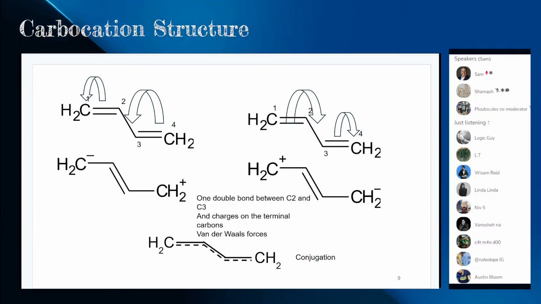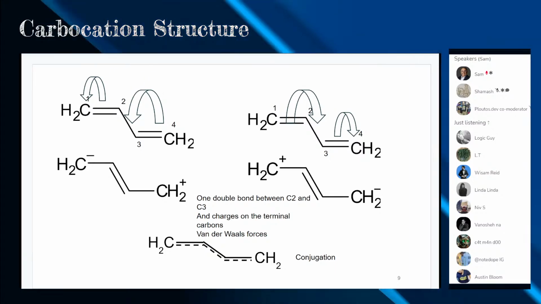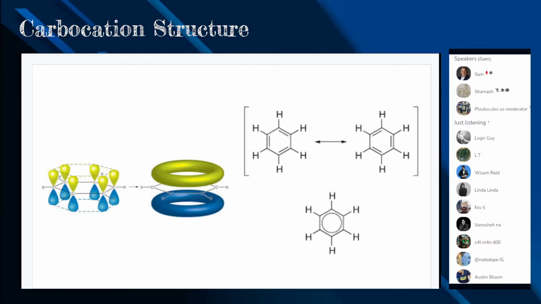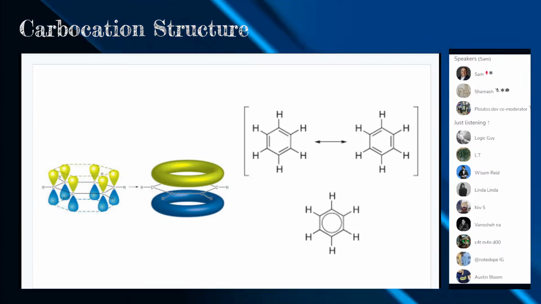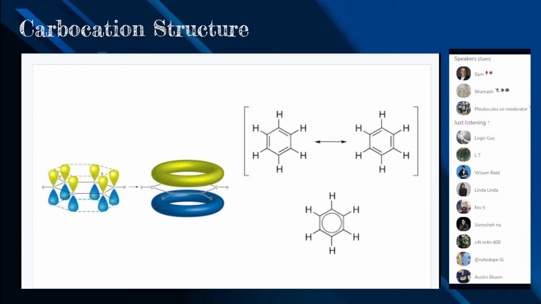One of the most famous molecules that does this conjugation and does it in a very special way is benzene, which is C6H6. It's a ring, and as you see, I can draw the double bonds either based on the structure on the left or based on the structure on the right, and those can interchange.